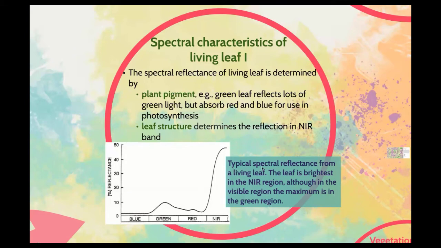That is why, even if you plot trees of the same species, you will still see some variations because of color difference and structural difference. And this is certainly the basis we want to make use of when applying the vegetation indices.